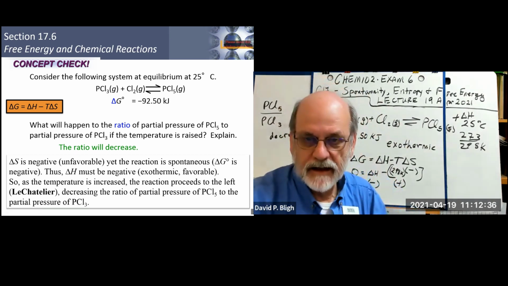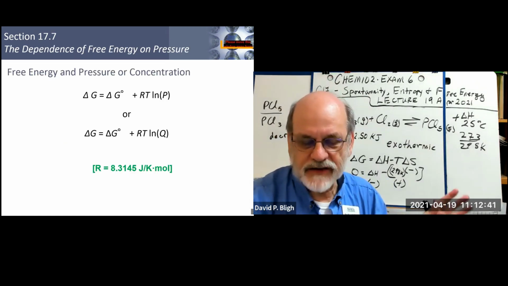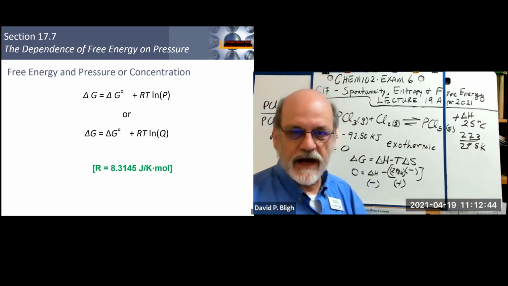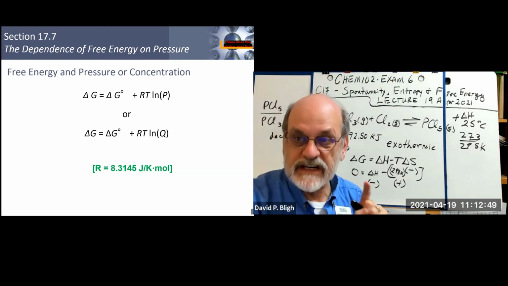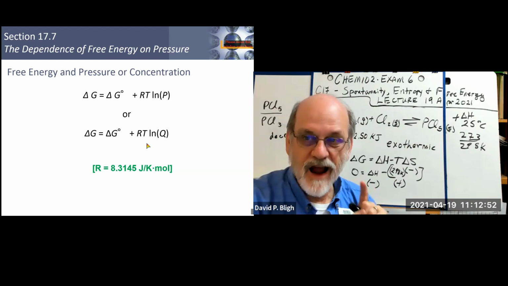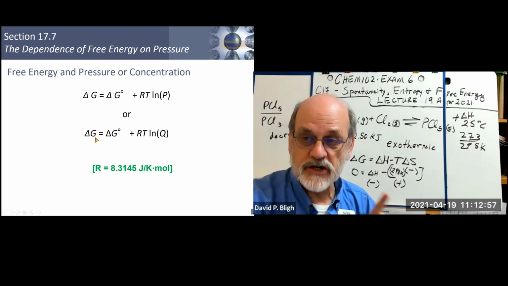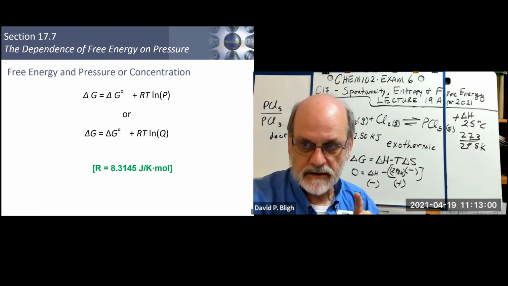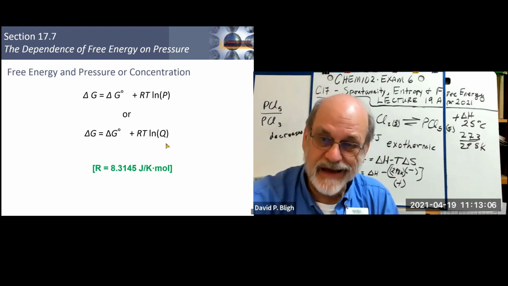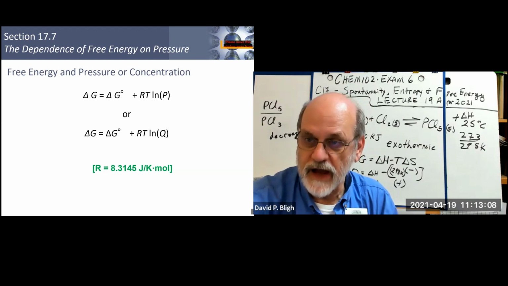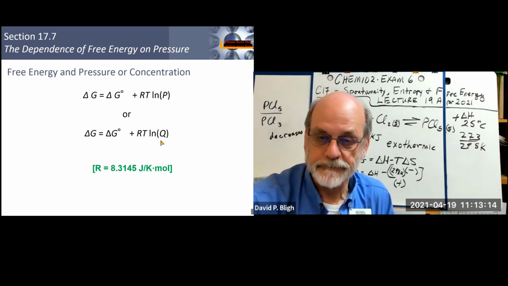Okay. Now, just to accept this. This is one of those equations that we don't have time to develop. But if you do know conditions, right? If it's not at equilibrium, and you want to know what the actual delta G for the reaction under those conditions is, we know that if we calculate Q and compare it to K, we can determine whether the reaction will go forwards or backwards based on that comparison.